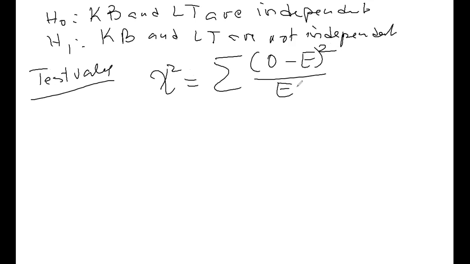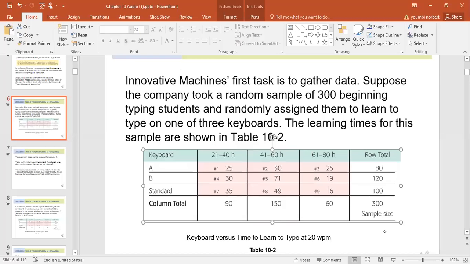So at this point, we will use the calculator to compute this. You can find E and O for each of those values, but we don't need it. So let's use the calculator. You have your calculator, get it?